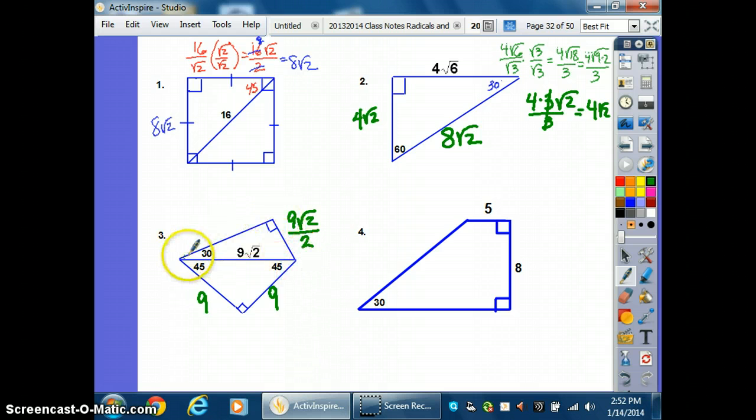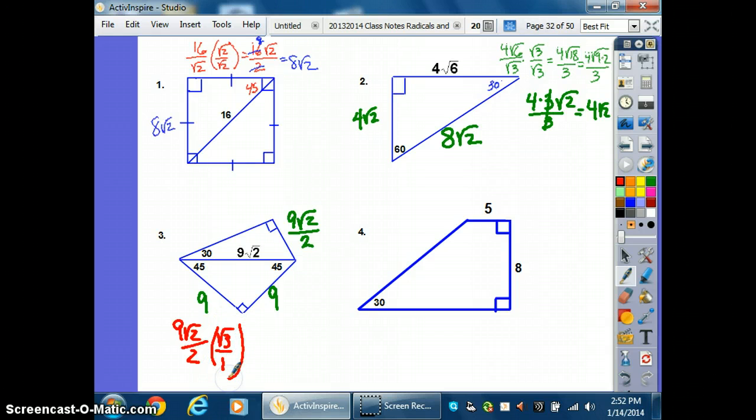Now for the long leg, we have to multiply this by radical 3. Okay, so I'll change it to red here. 9 radical 2 over 2 times radical 3.